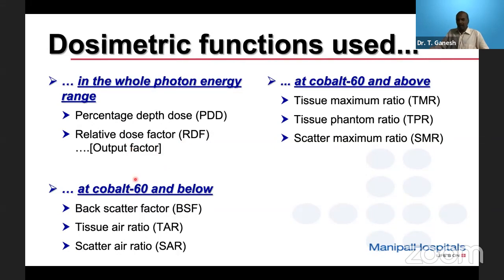The ones used up to cobalt 60 energy or below are the backscatter factor, tissue air ratio, and scatter air ratio. And the functions used from cobalt 60 onward and higher are the tissue maximum ratio, tissue phantom ratio, and scatter maximum ratio: TMR, TPR, SMR. In this presentation, we are going to see only these functions, and you will be hearing about them in the subsequent lectures.